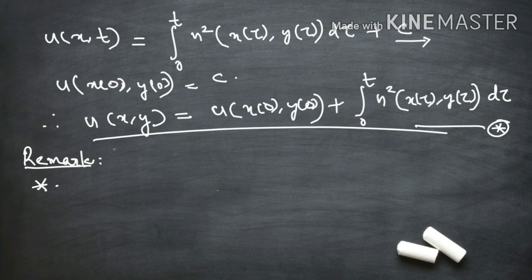Therefore, it is not enough to provide a single condition. We know that for second order equations, the solution will contain two arbitrary constants. So more than one initial condition is needed to solve this type of equations.